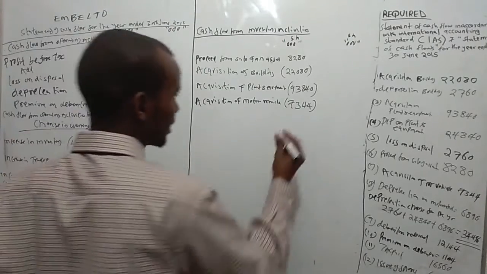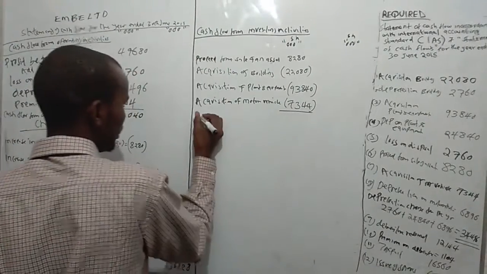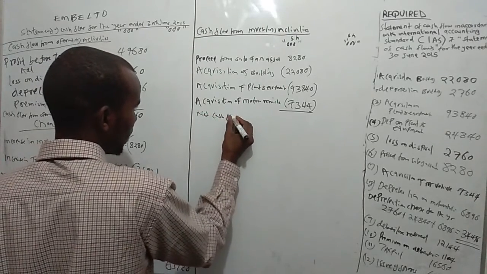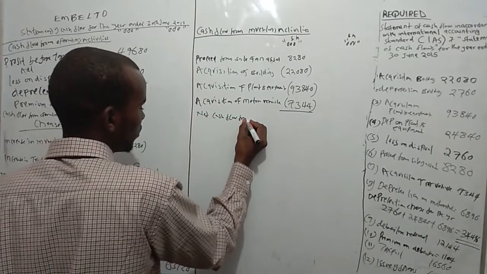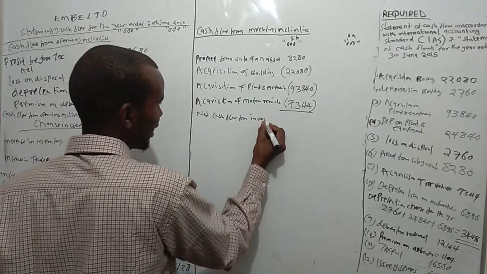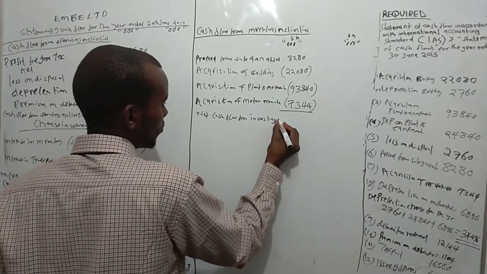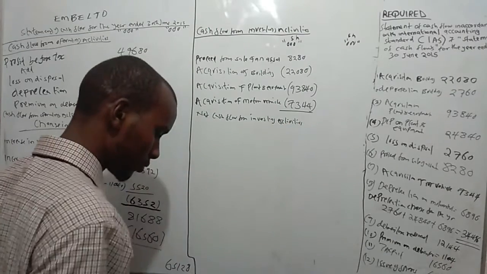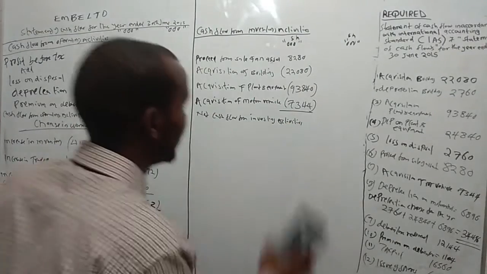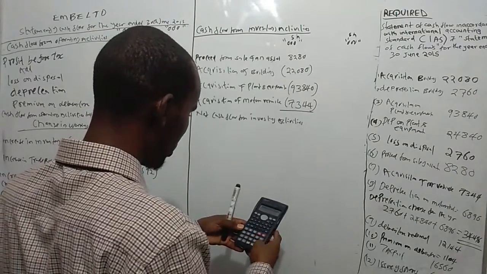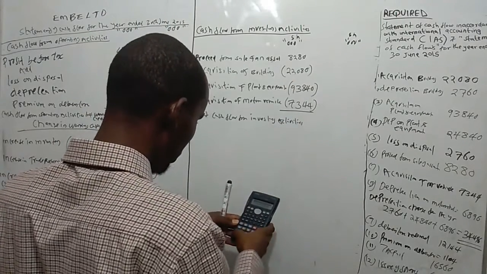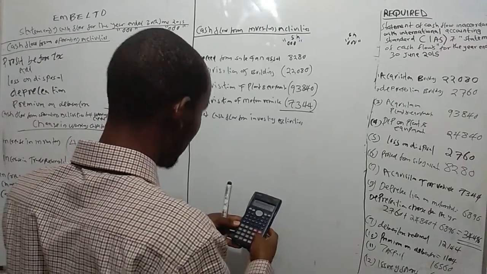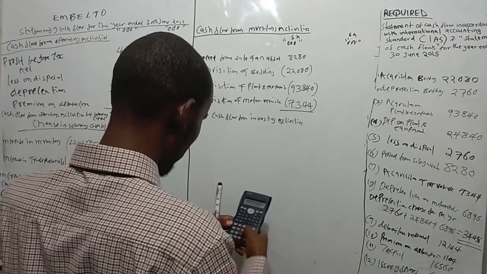Now let's get the net cash flow from investing activities. So I take 8,280, subtract 22,080, subtract 93,840, subtract 73,440.